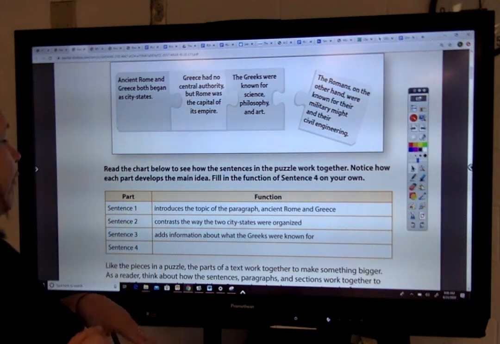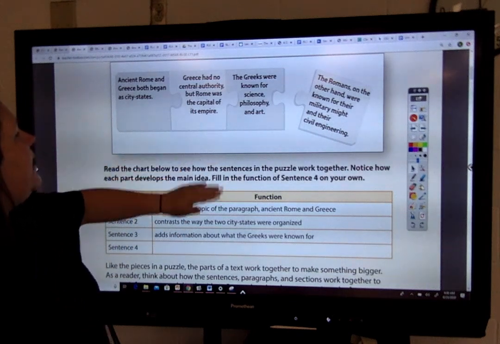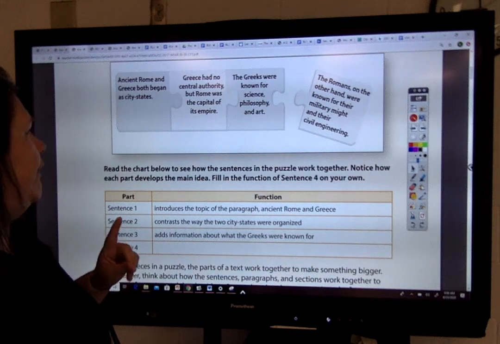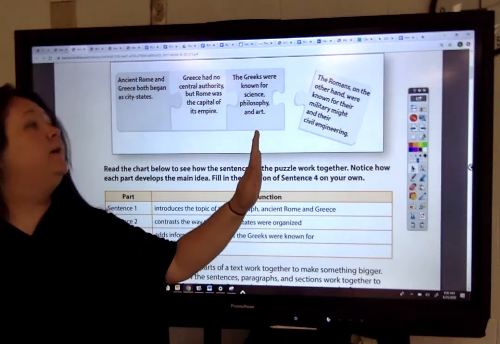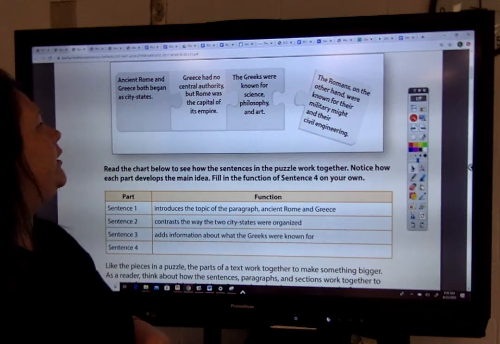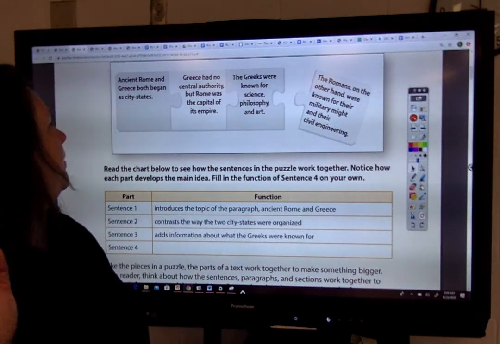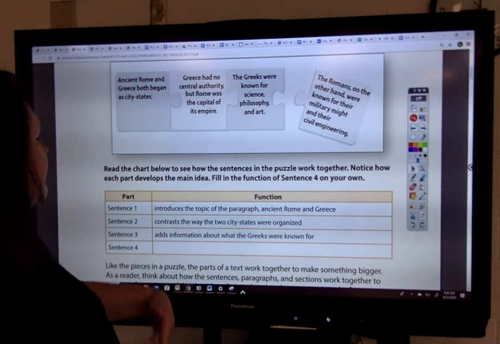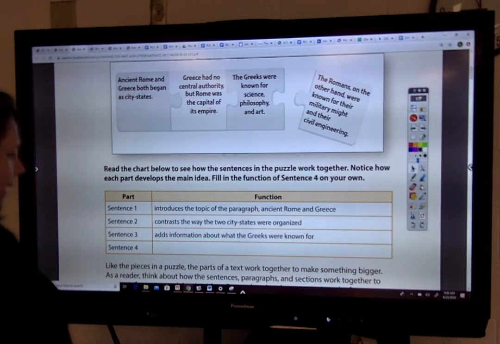Greece had no central authority, but Rome was the capital of the empire. So we know that Greece had no central authority, but being a clue word, Rome was the capital of the empire. So we're comparing and contrasting here, contrasting the way the two city-states were organized.